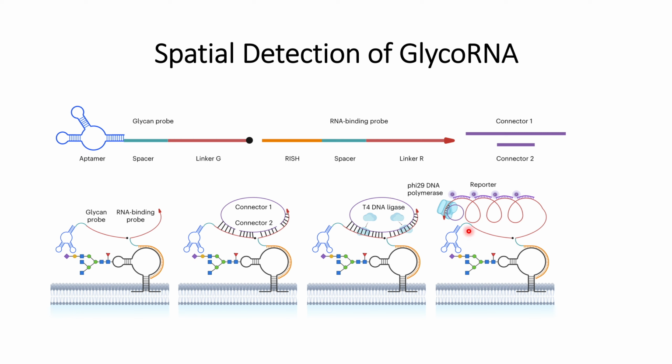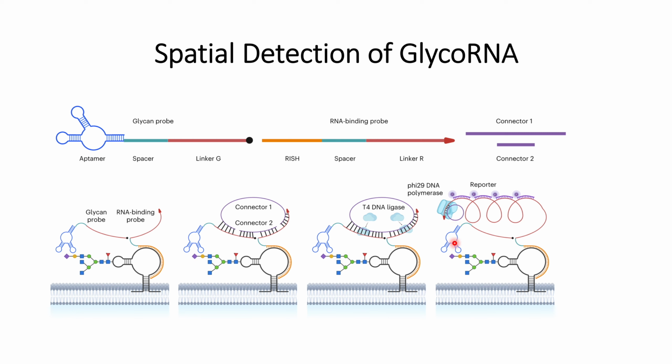This polymerization alone will not give a fluorescence indicator. In order to get a fluorescence indicator, this aptamer needs to be in close proximity to this newly synthesized hybrid sequence, this DNA sequence.